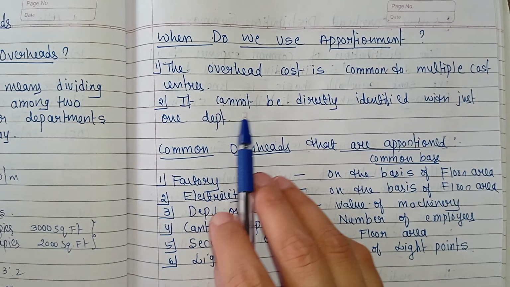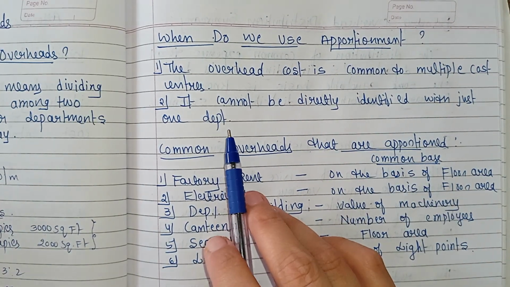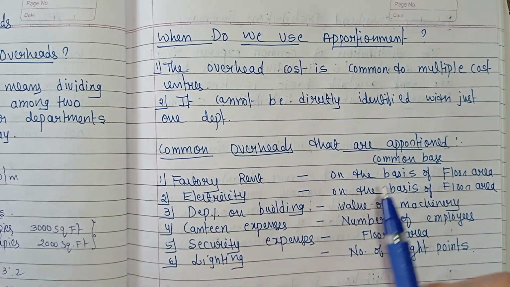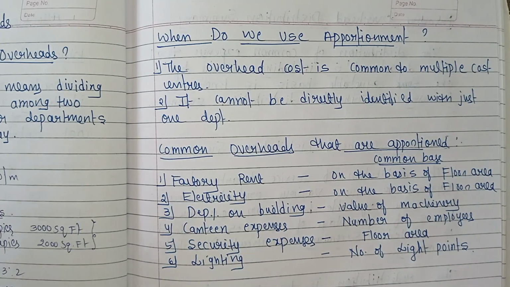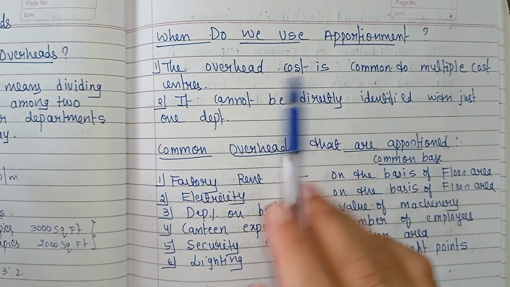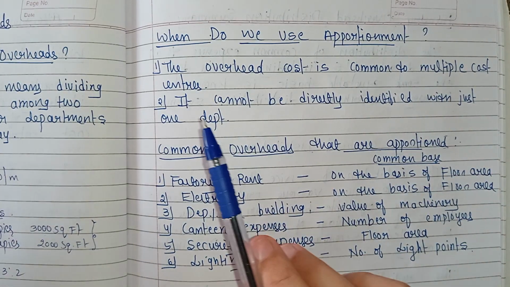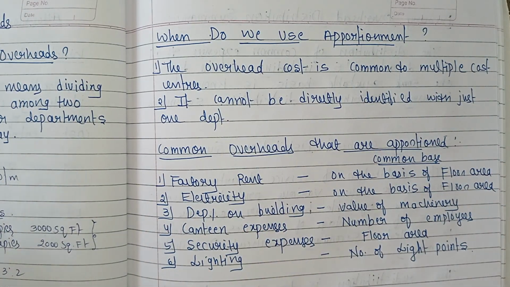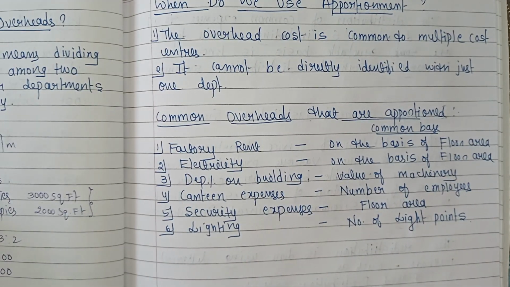And second one is, it cannot be directly identified with just one department. This rent cannot be identified with just one department, right? Clear? So now let's see the common overheads that are apportioned.